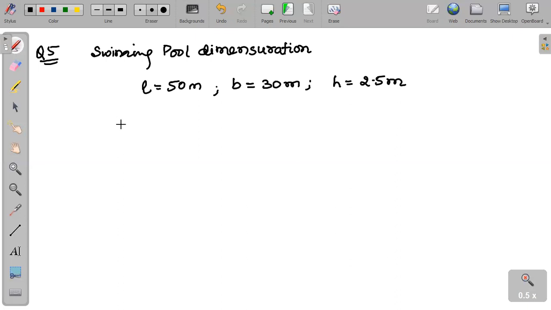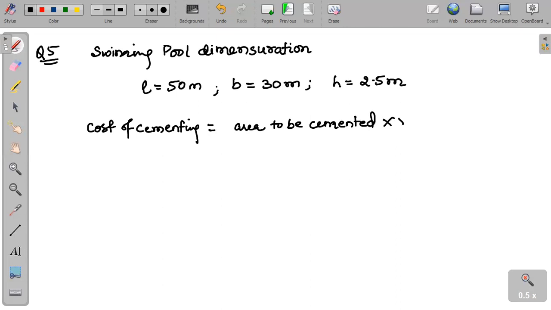Find the cost of cementing its floor and walls at the rate of 27 per square meter. Cost of cementing is equal to area to be cemented into rate. What is the area to be cemented?